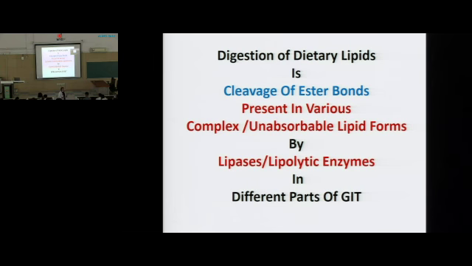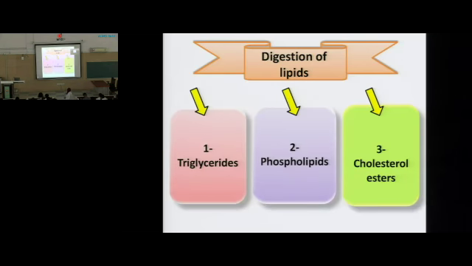The lipid form we have eaten has complex ester linkages, which are complex and unabsorbable, but by the lipolytic enzymes present in the GIT, termed lipases, they are broken. There are proteases, glycosidases, and now these are lipases. Lipases break these complex forms of ingested lipid into a simpler, absorbable form. This is what digestion is.